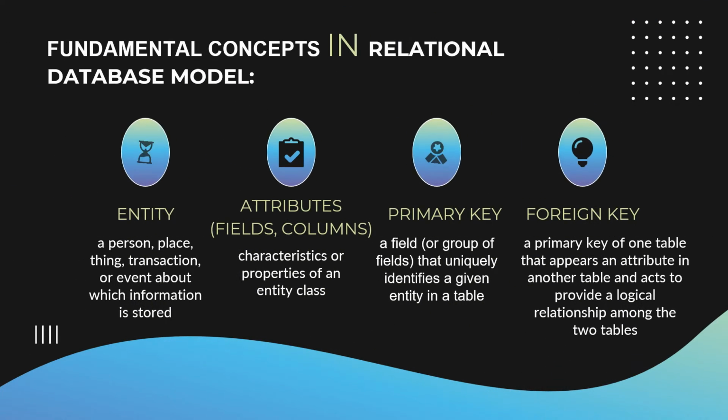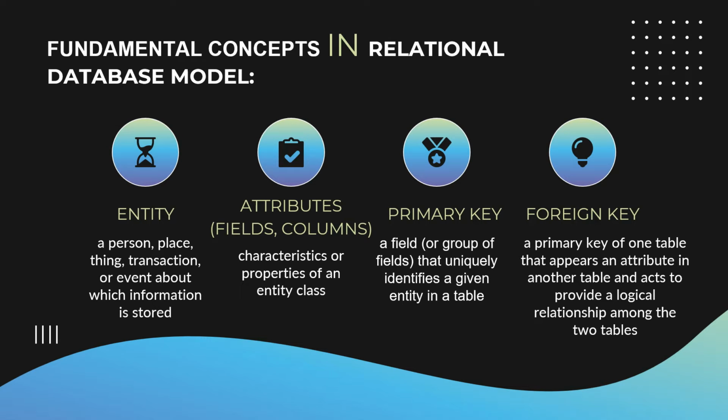Next, there are four fundamental concepts in the relational database model, which are entity, attribute, primary key, and foreign key. Entity refers to a person, place, thing, transaction, or event about which information is stored, like the rows in each table that contain the entities. Second, attribute.